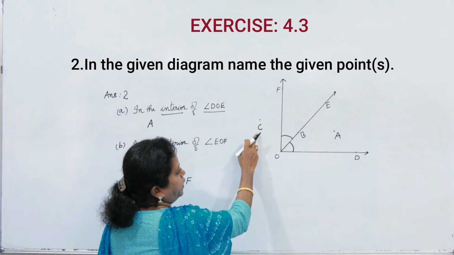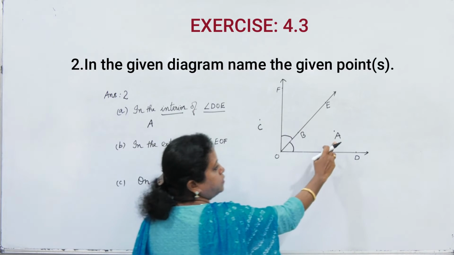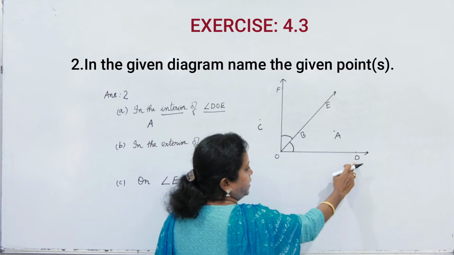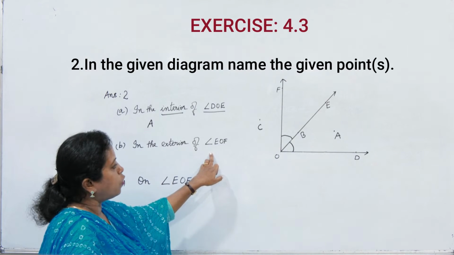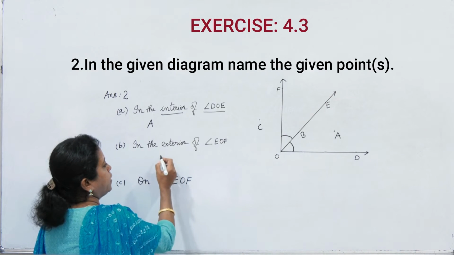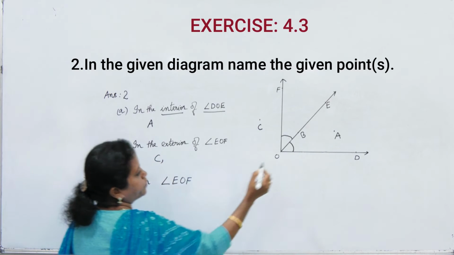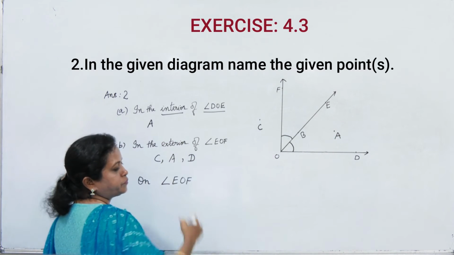So one point will be this, that is in the exterior, C, and even this point A and D, they lie outside angle EOF. So the points in the exterior of angle EOF will be C, A and D.